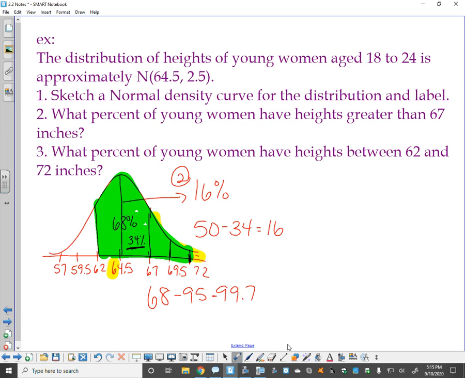Well, I know from here to here is 68. I know that from here to here is 16. So 84%.